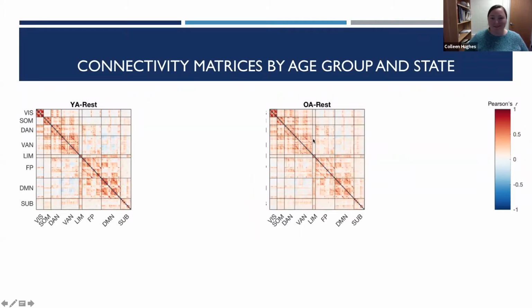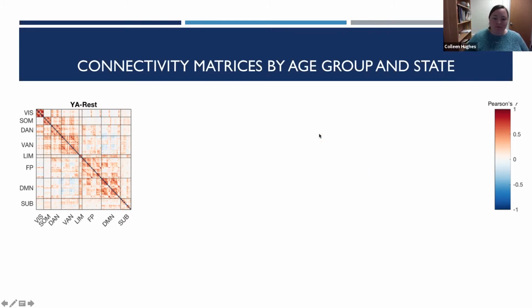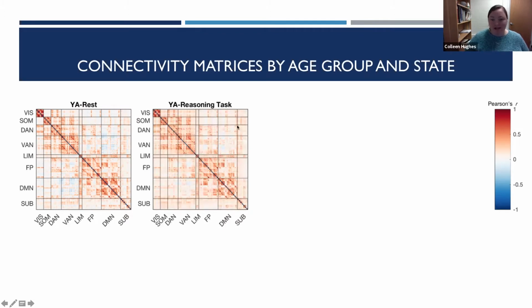I'll show you the older adult data too. So this is the whole brain, just kind of getting the bird's eye view. So older adults at rest, younger adults at task, what you can see is, generally speaking, you preserve some of that network structure, so the strong within network connectivity during task, but you see more between network interactions. So you see stronger connectivity happening between networks, for instance, the DMN and ventral attention network.